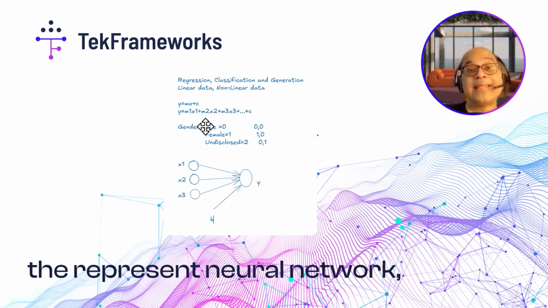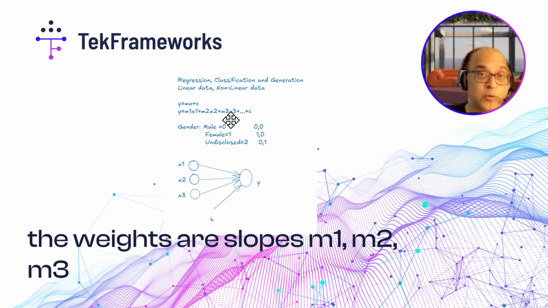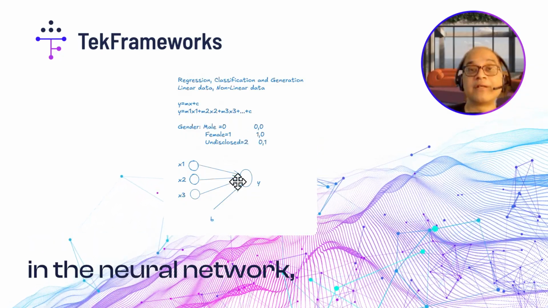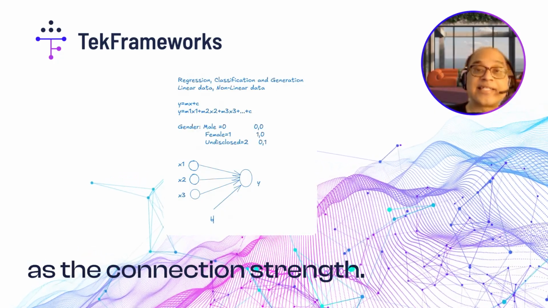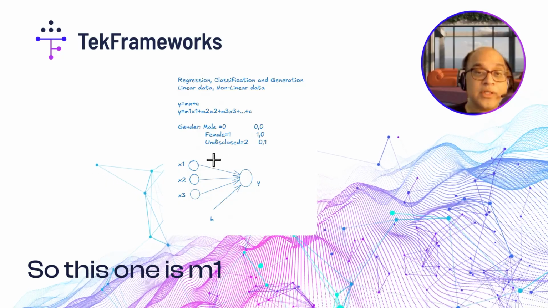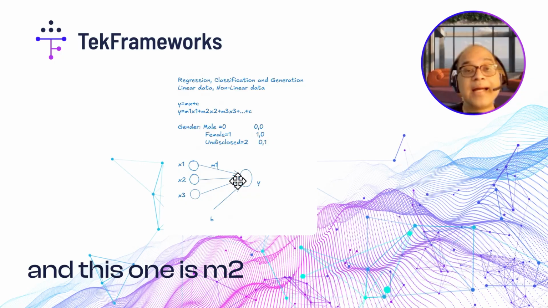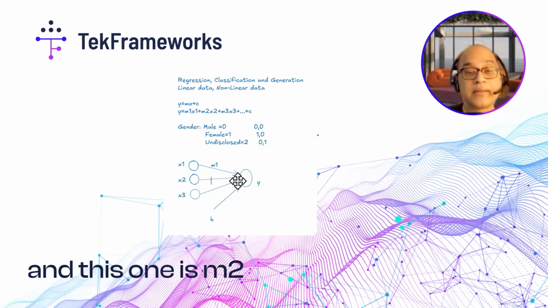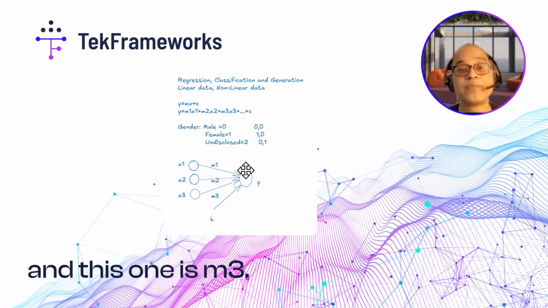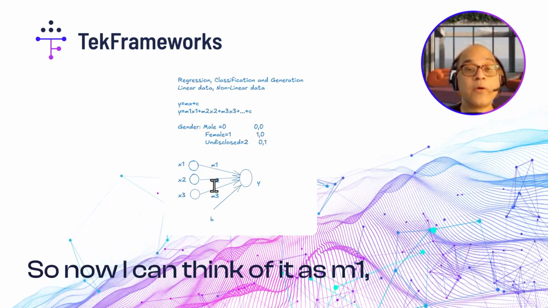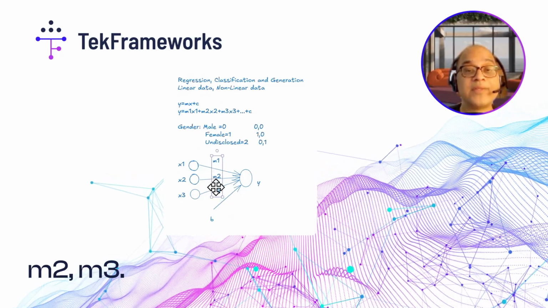Now, the way they represent the weights or slopes M1, M2, M3 in the neural network world, they are called weights. They are seen as the connection strength. So this one is M1, this one is M2, and this one is M3.